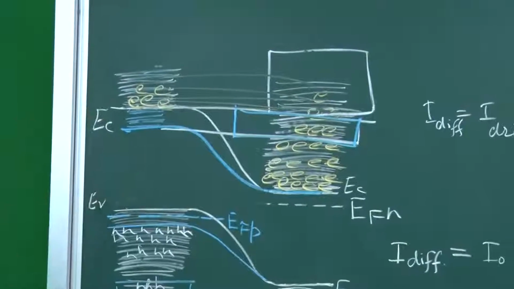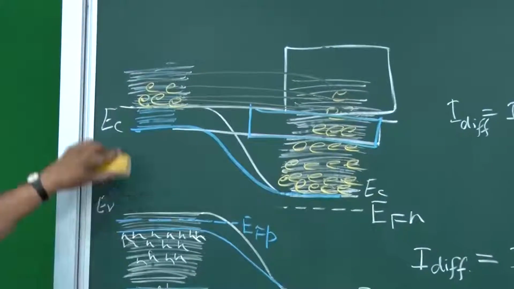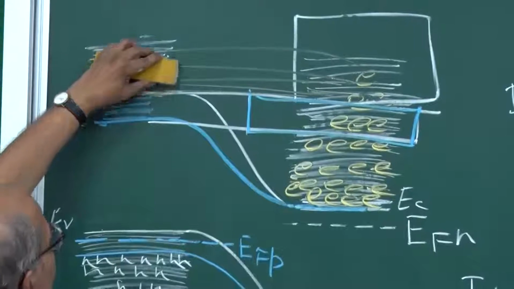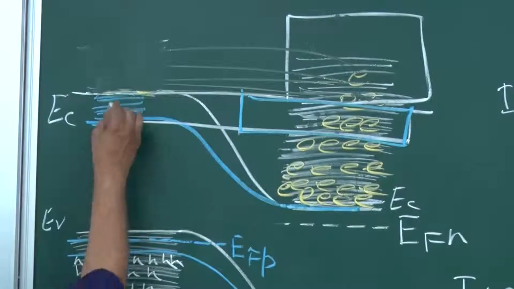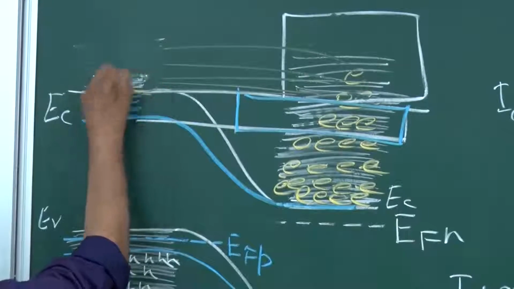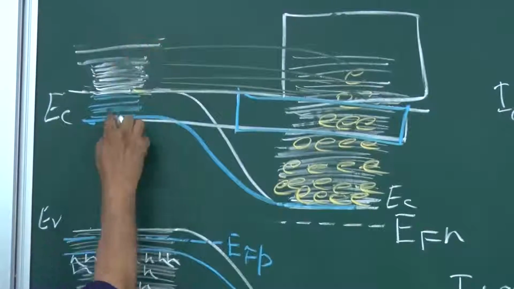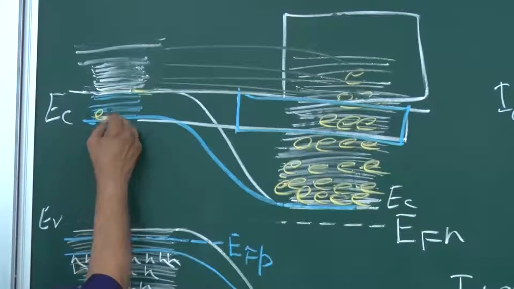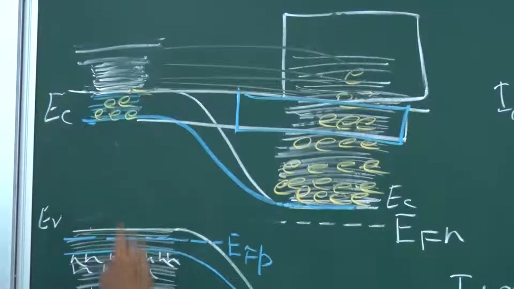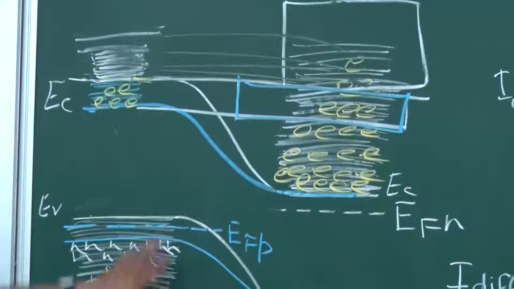Now because of the shifting down, what will happen? These electrons now are not here; the quantum states are very much there, but the electrons start at the bottom of the conduction band, and that is here. So now those electrons are here. But it doesn't matter.